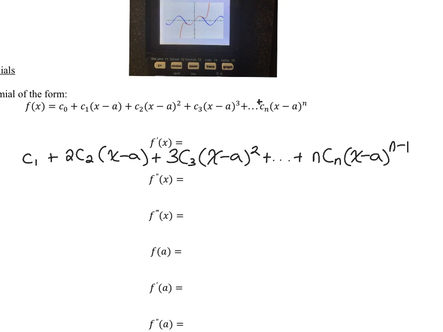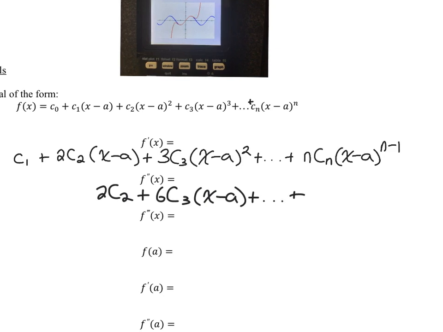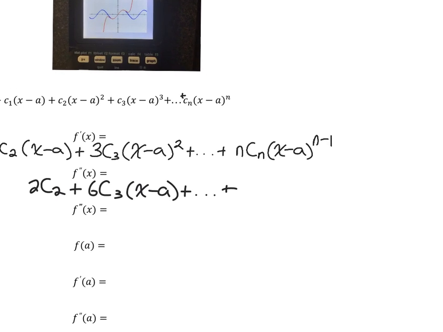All right. The next one, well, c sub 1, we're going second derivative. c sub 1 is going to cancel away. So we'd be looking at 2c sub 2 plus 6c sub 3 times x minus a plus... and then we'd be taking the n minus 1 and multiplying it by the n.